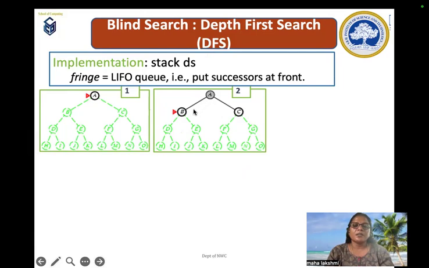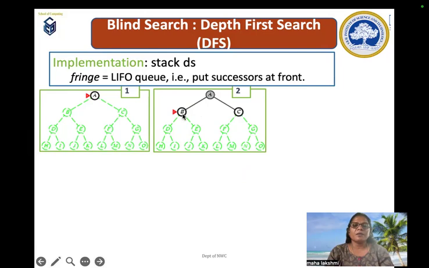So after A's children B and C, the left side node is B, and B's children will be explored to their last depth before exploring the next branch, that is, the next child node C.